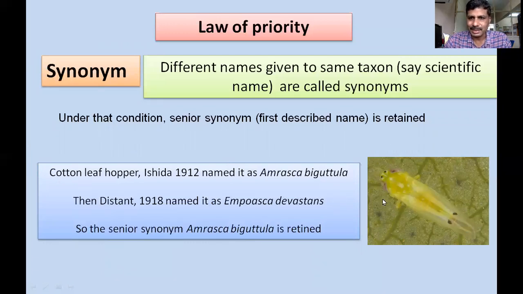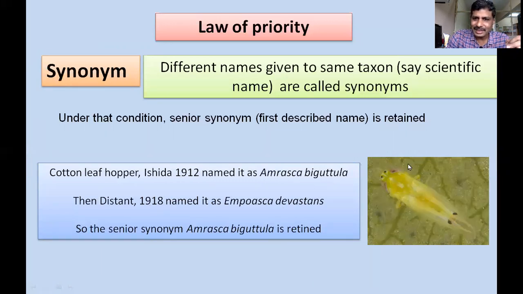Cotton leafhopper, for example. In the year 1912, Ishida named it as Amrasca bigutulla. Then Distant, in the year 1918, named it as Empoasca devastans. Because of the difference in years, Ishida's name is the senior name and Distant's name is the junior name.